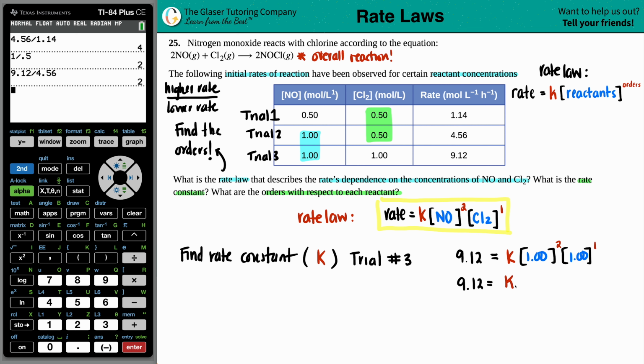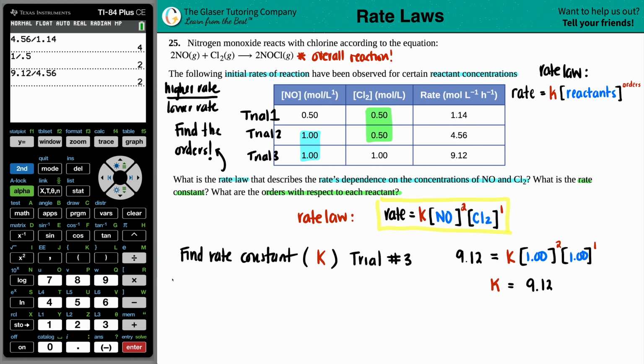K equals 9.12. I always like to have the variable on the left and the number on the right. Now the thing here is that we need to know the units for K. This is where it gets a little tricky, because depending on your overall order, your K units are going to change.